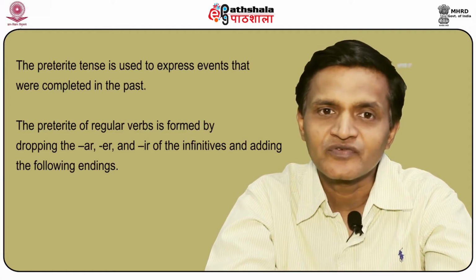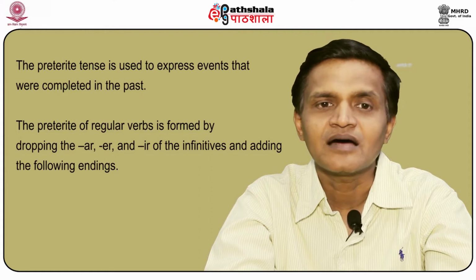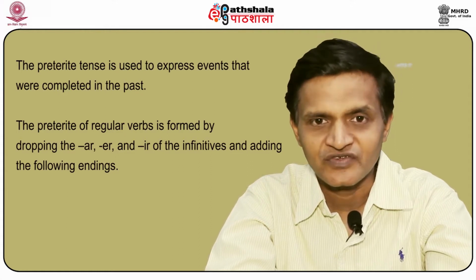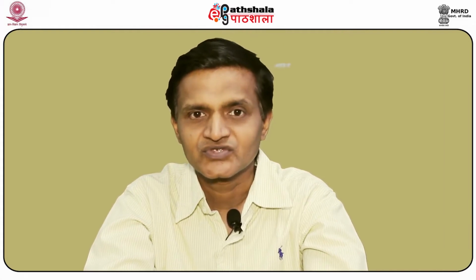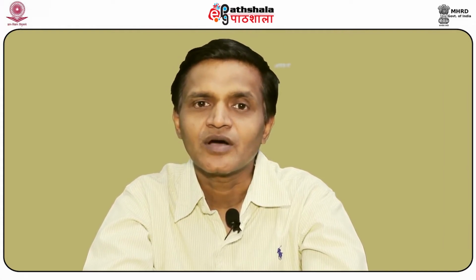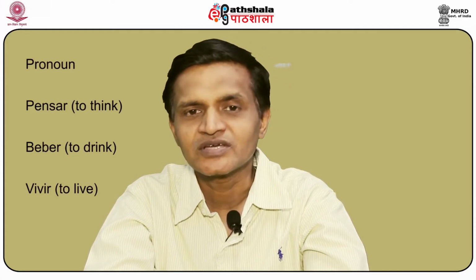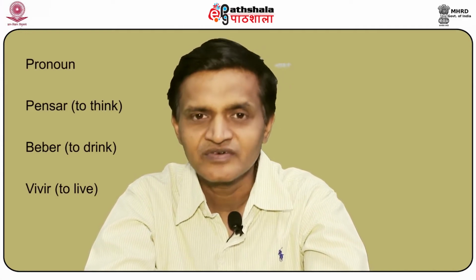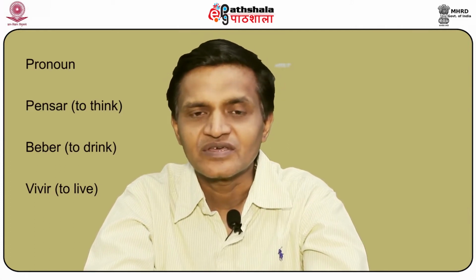The preterite of regular verbs is formed by dropping the AR, ER and IR of the infinitive verbs and adding the following endings. So, for the verbs pensar, to think, beber, to drink, or vivir, to live, for yo we have pensé, bebí, viví.